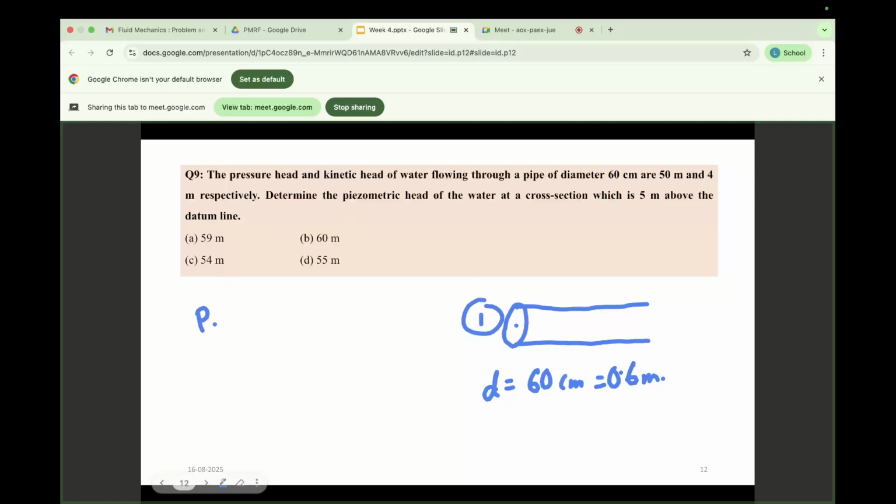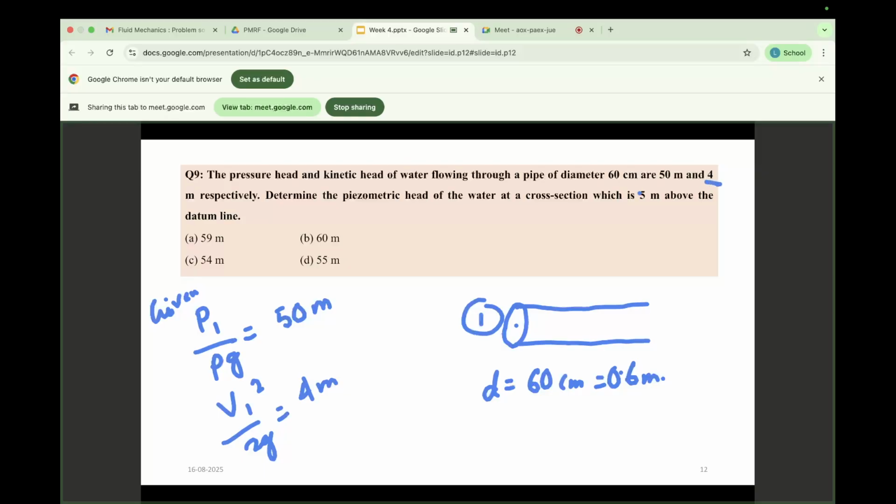Given P1 by rho g equal to 50 meter, and V1 square by 2g is 4 meter.